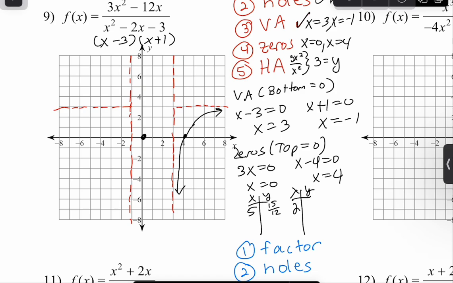If I plug in 2, I get 6 times negative 2 on top. And I get negative 1 and 3 on the bottom. I get 4. So at 2, I'm at 4.